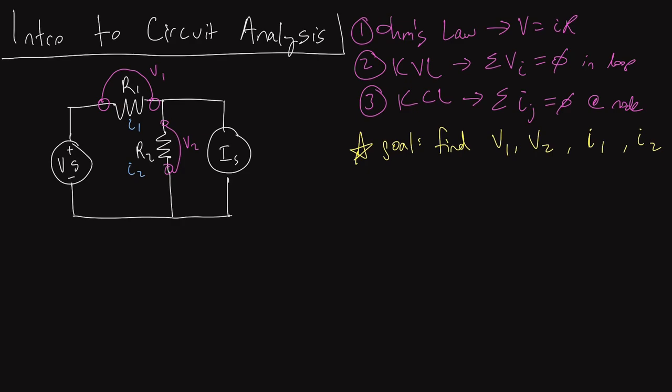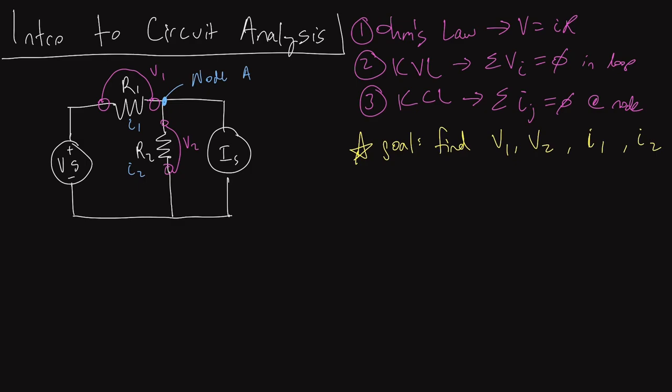Current is conserved as it flows through a resistor, but note that we've got this node right here, and I'll call this node A. Current coming in is getting forked between a path that leads through resistor 2 and another path that leads through the current source I sub S in this circuit.